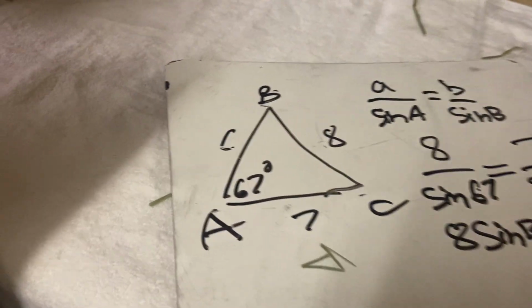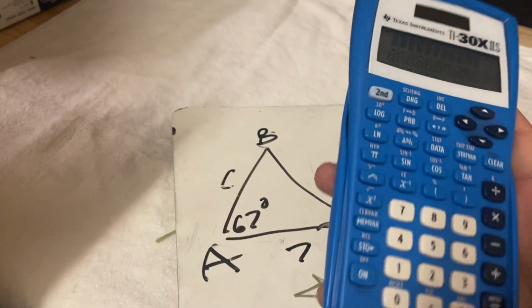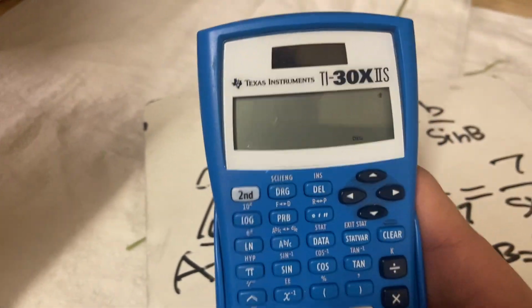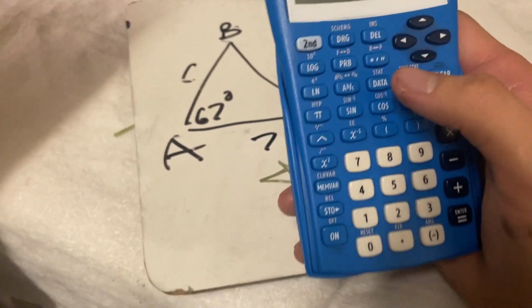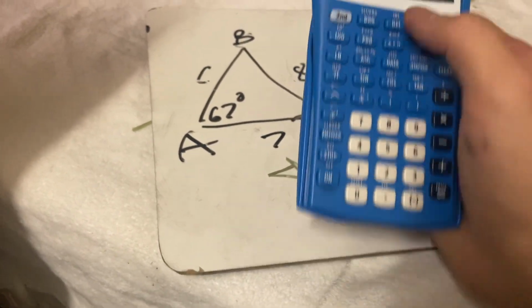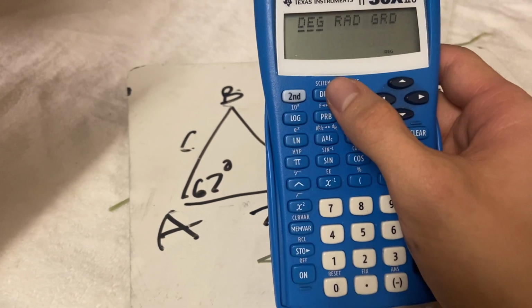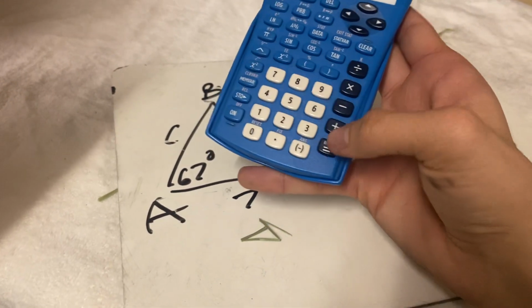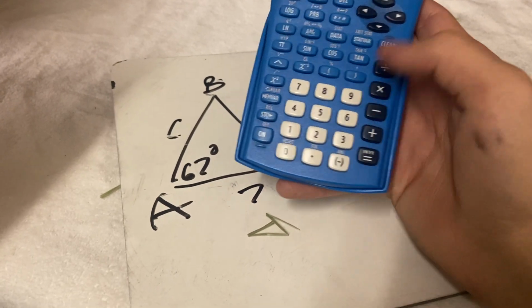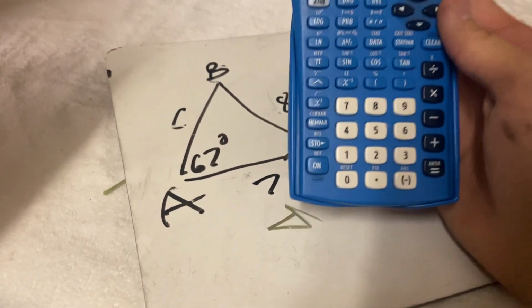So let me get my calculator out. Okay, the brand I'm using is a Texas Instruments TI-30S. Just make sure when you do these types of problems that your calculator is in degree mode. So you can click DRG, click degree, make sure you're on degree mode and press enter, equal sign.